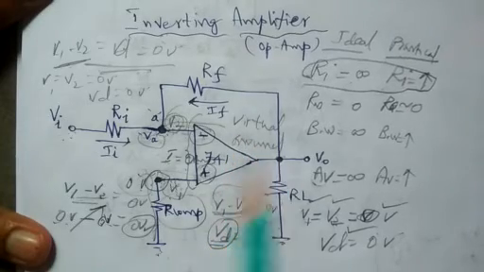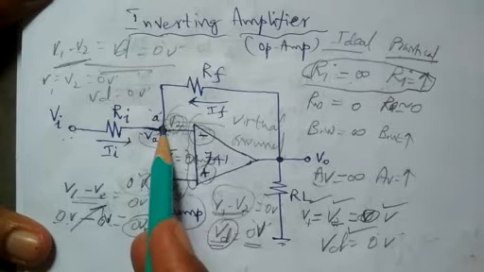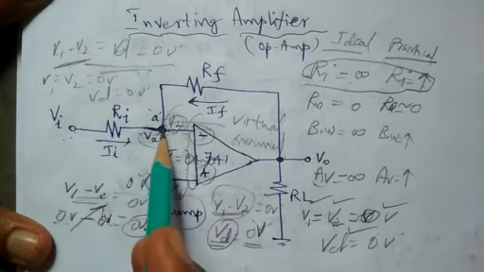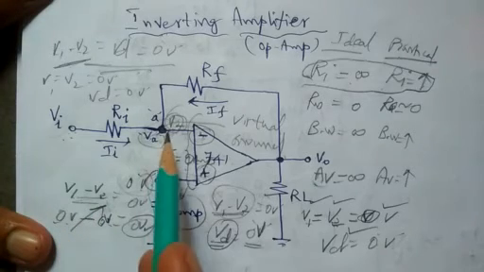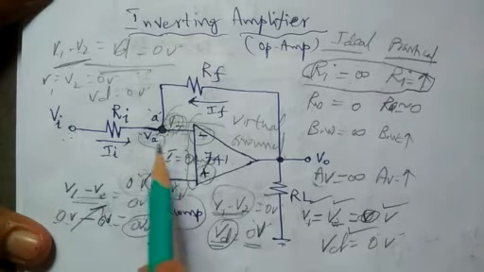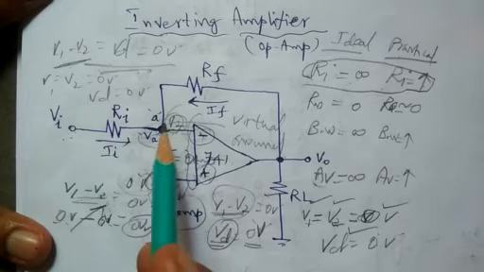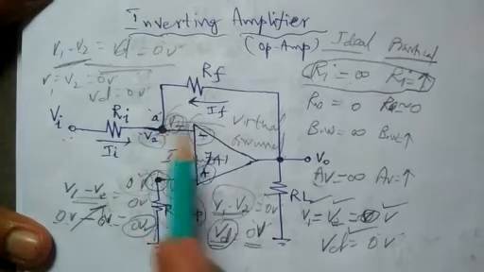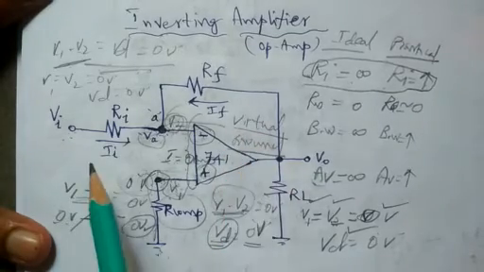The reason for this name is that the potential at this node A is 0 volt, even though node A is not physically grounded. If a point is not physically grounded and that point has 0 potential, that point or node is called a virtually grounded node, or virtual ground.